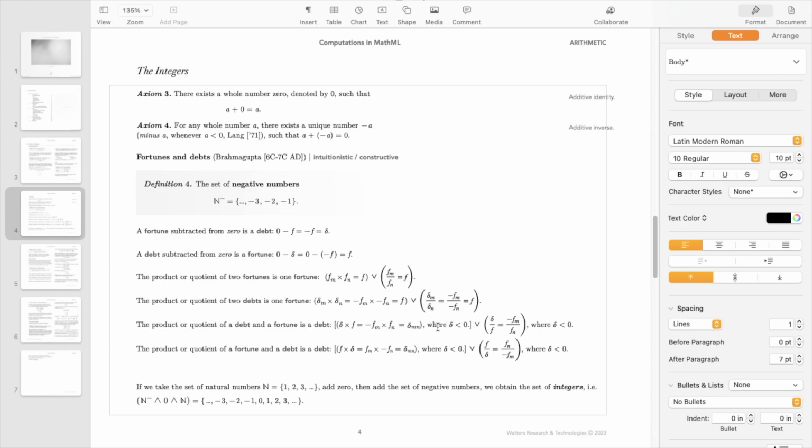All right. So a debt times a fortune equals this expression by substitution, and we'll designate it as follows, right here. Where obviously this debt is a number less than 0.